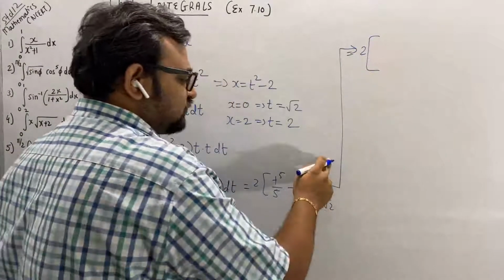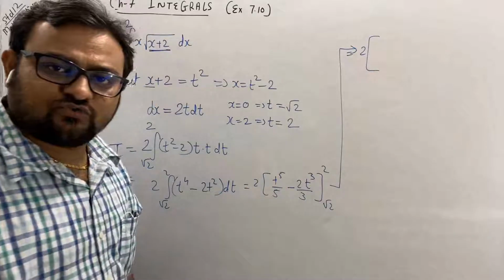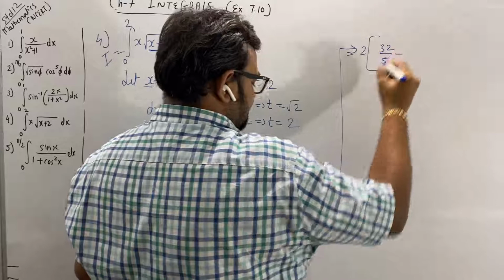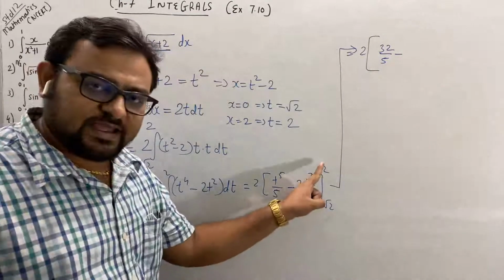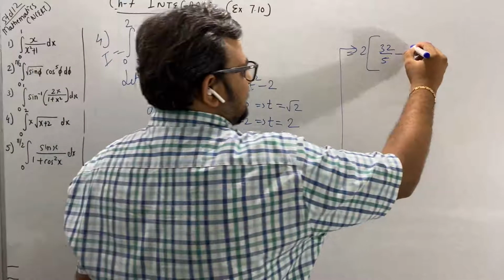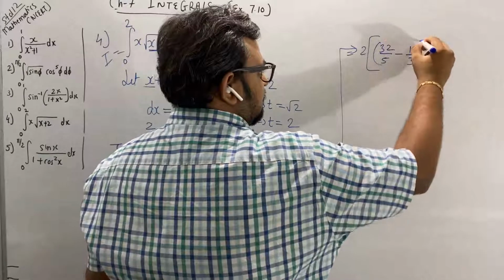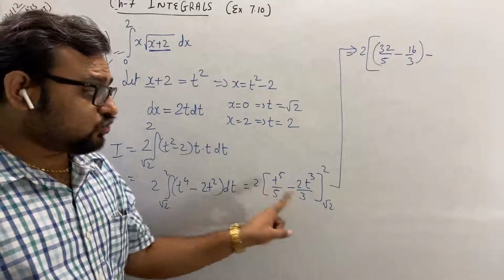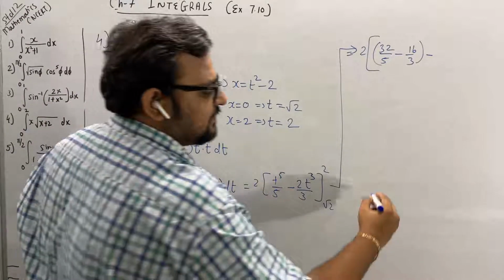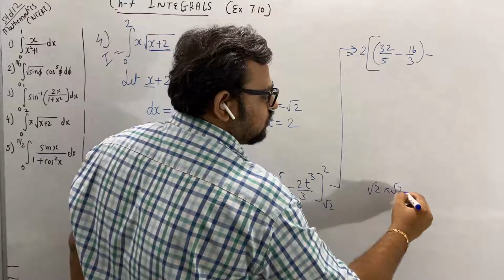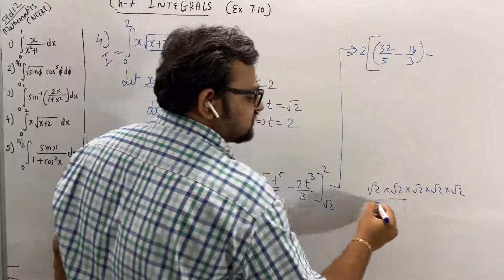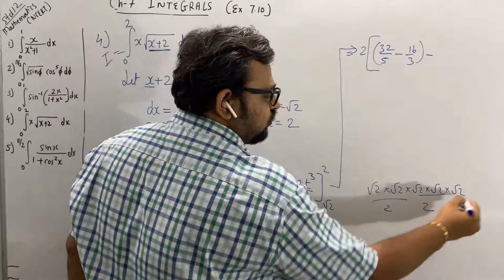Now putting upper limit and lower limit. So I will first put 2. 2 raised to 5 means 32 upon 5, minus 2 cube, 8, and 2 into 8 is 16 upon 3, minus root 2 raised to 5. See, means I am multiplying root 2 five times, so this is 4 root 2.